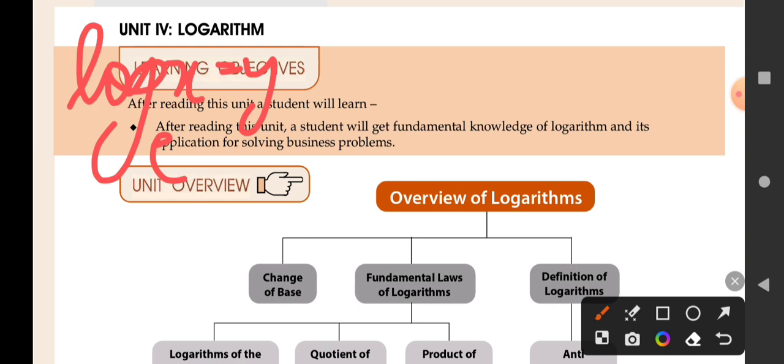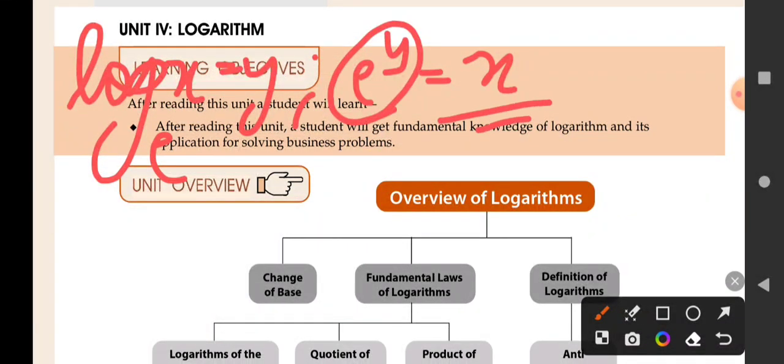So what does log x to the base e is equal to y mean? e power y is equal to x. So again, anti-log will be like this. Suppose you have to calculate the value of e power y, that is x. How to calculate x?